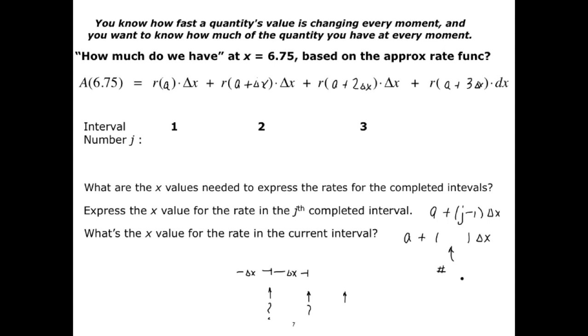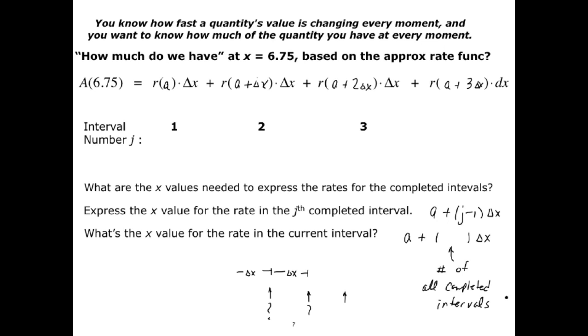How does it relate to the completed intervals? How many completed intervals do we go across to get to the current? It's the number of all the completed intervals. So whatever number of completed intervals you have, that's how many delta X's you're going to add to get to the current interval.